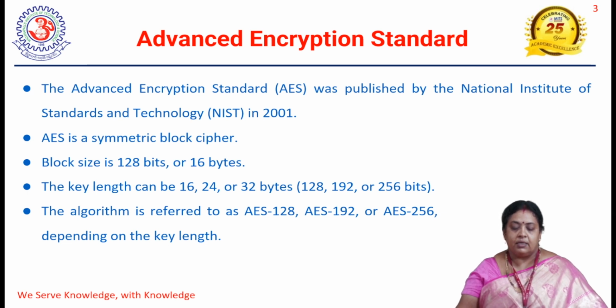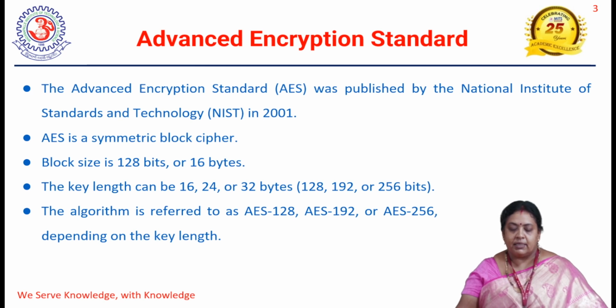Whatever key we are using here has a variation. We can use a 16 byte key, a 24 byte key or a 32 byte key. So the key can be 128 bit, 192 bit or 256 bit. We can refer to it in bytes also, because it operates on bytes.